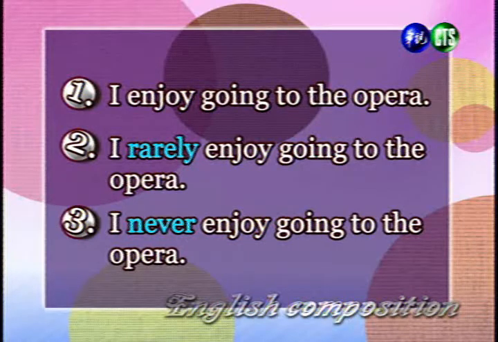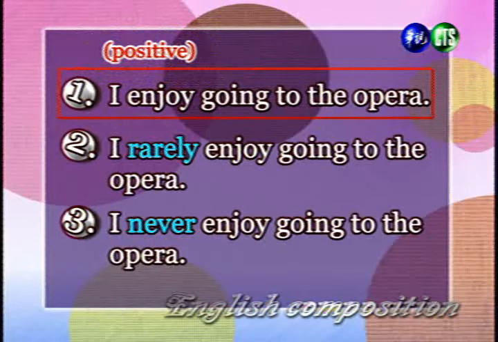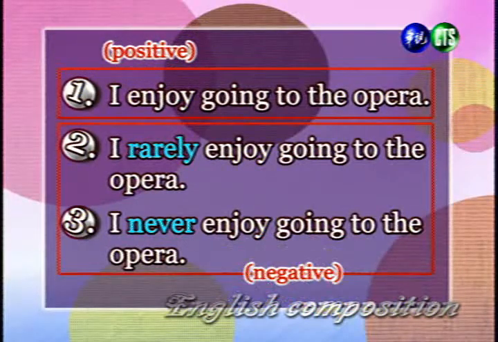And so you can see here, when we add rarely or when we add never to our original sentence, we change it from a very positive sentence to a sentence that's very negative about the idea of going to the opera.